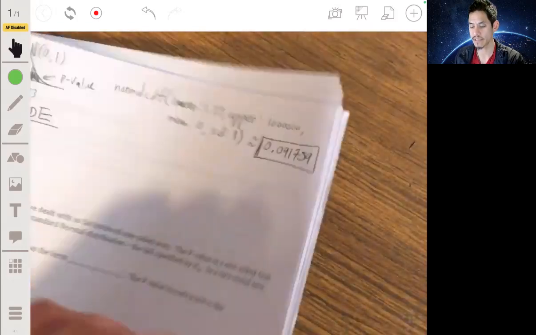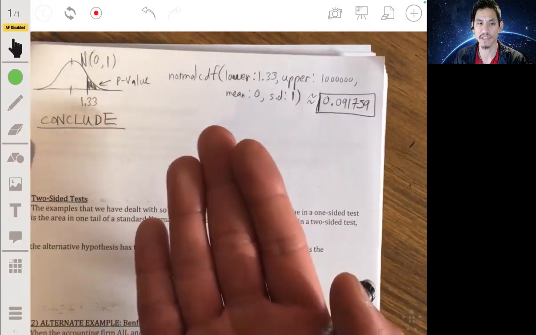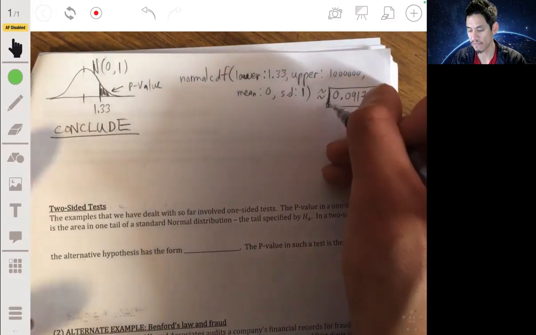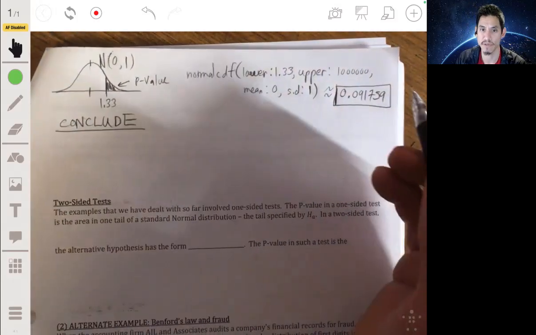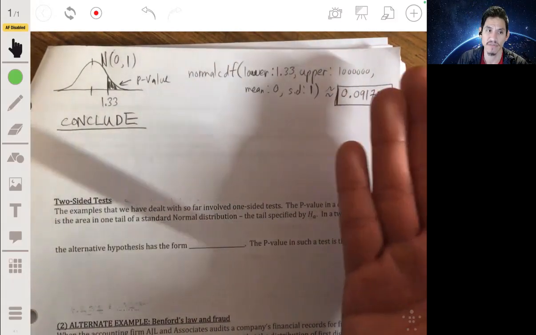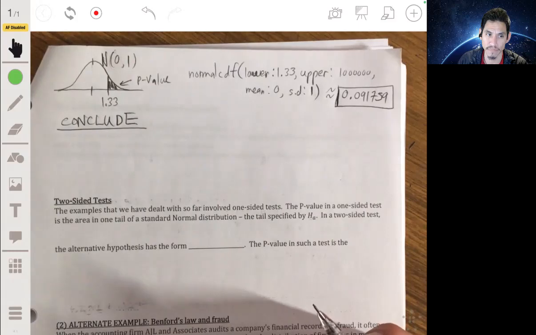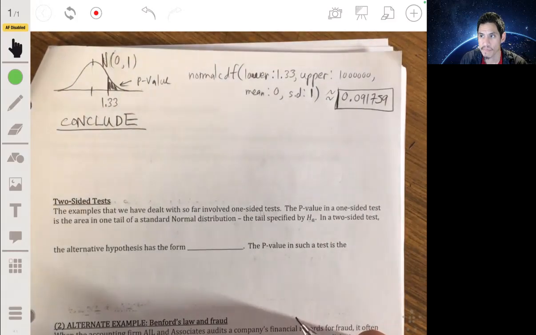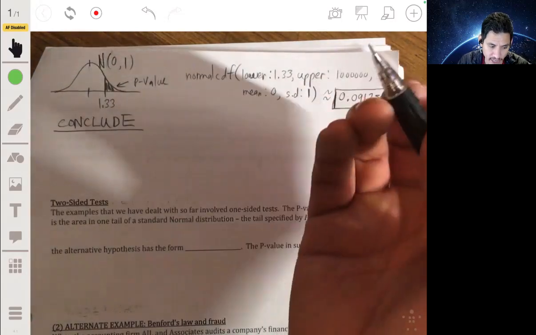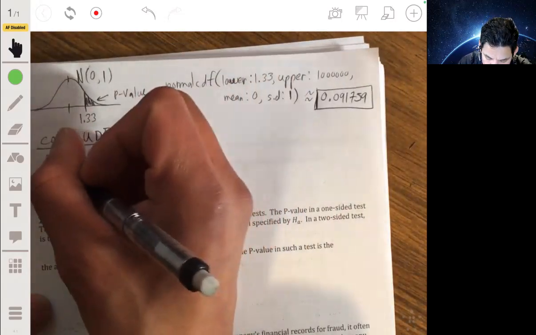So it's basically saying that if we assume the null hypothesis was true, we would have about a 9% chance of getting data this extreme or more. And that's not a big deal, and that doesn't exceed our alpha level, which we set ahead of time. So we're going to fail to reject H0.